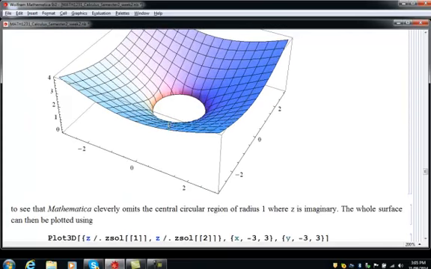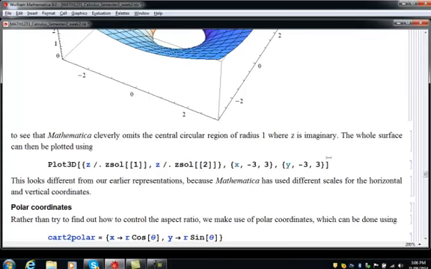And we can see that Mathematica cleverly omits the central circular region where the value of z is imaginary. So the whole surface can now be plotted using that. So we take the first surface solution, the second solution, and plot that.